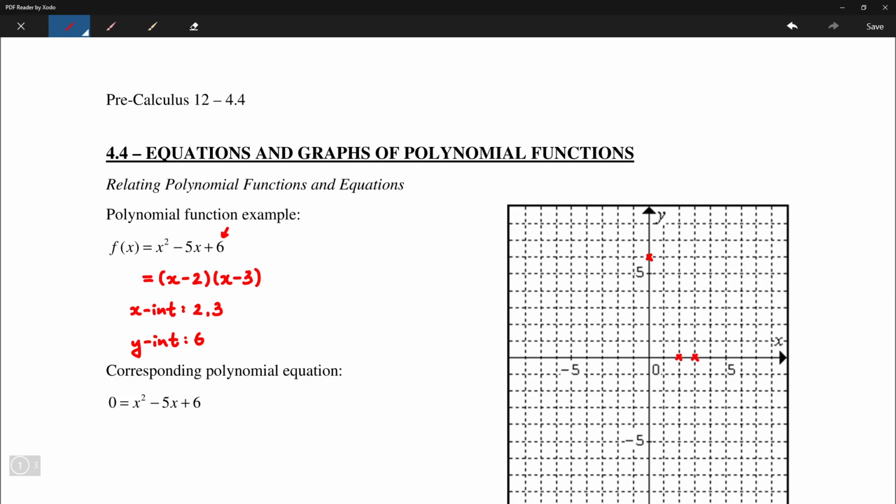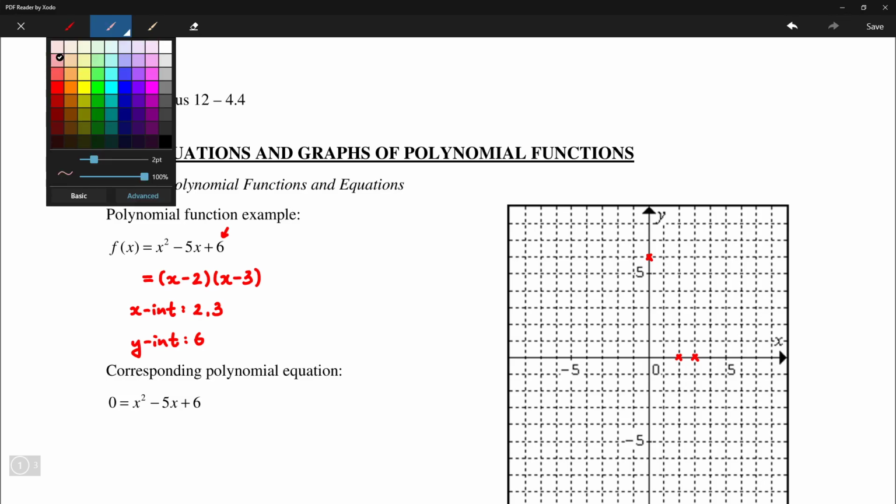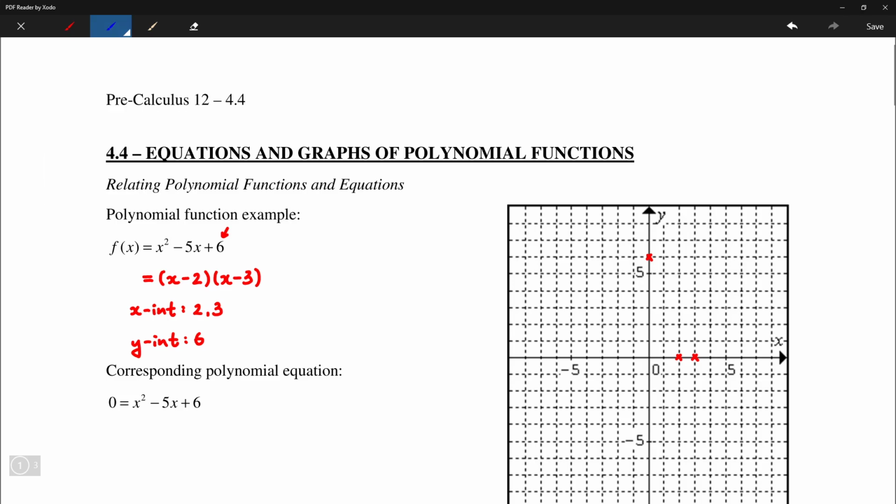Okay, so in the previous course, there was also the matter of completing the square. So what we can do is separate out the first two terms.